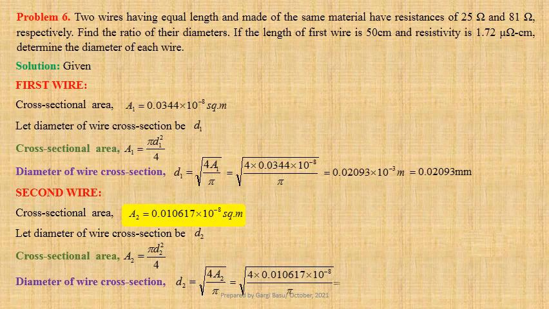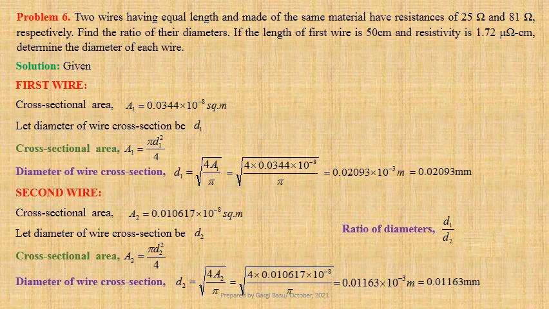That gives us 0.01163 into 10 to the power minus 3 meter or 0.01163 millimeter. Let us now determine ratio of diameters.